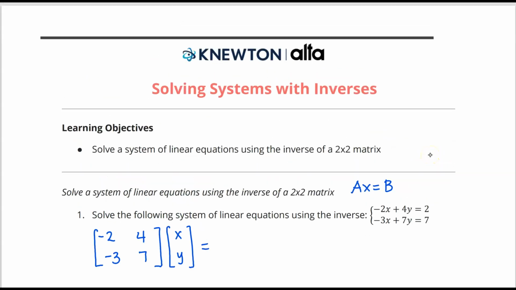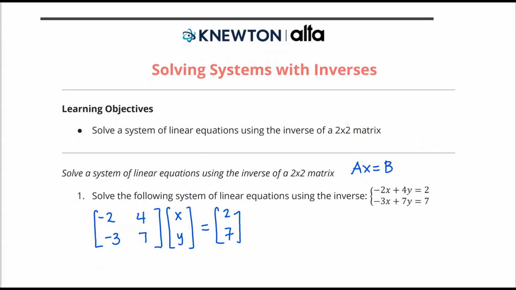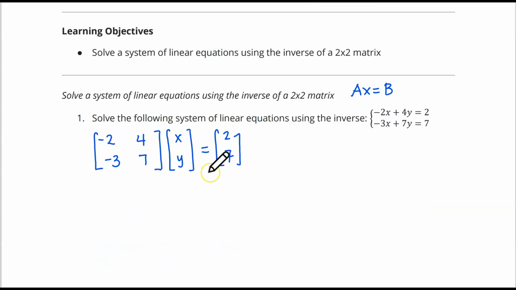So you have 2, 7. So this matrix equation represents the system of linear equations.